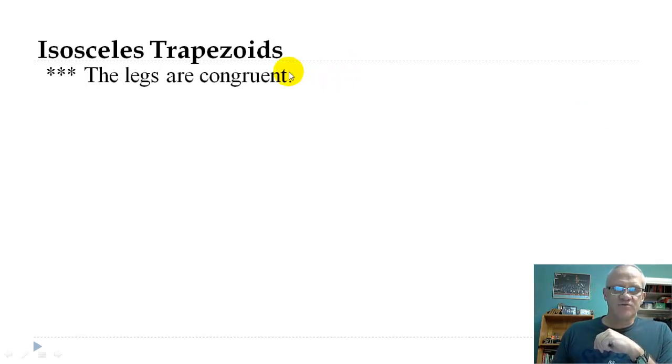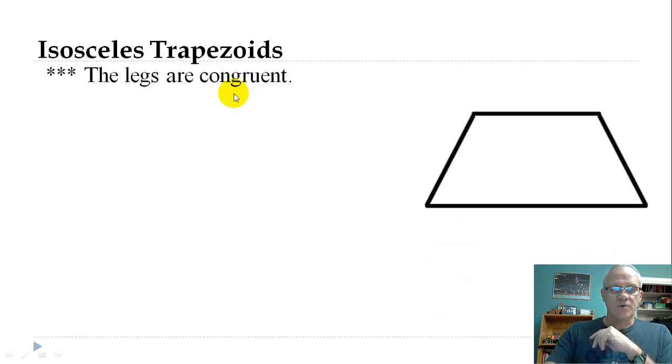Isosceles trapezoids. In an isosceles trapezoid, very important, three asterisks, the legs are congruent. Remember, in an isosceles triangle, there were two sides of the triangle that were congruent. Well, in an isosceles trapezoid, the legs are congruent. Remember, the legs are the non-parallel sides.